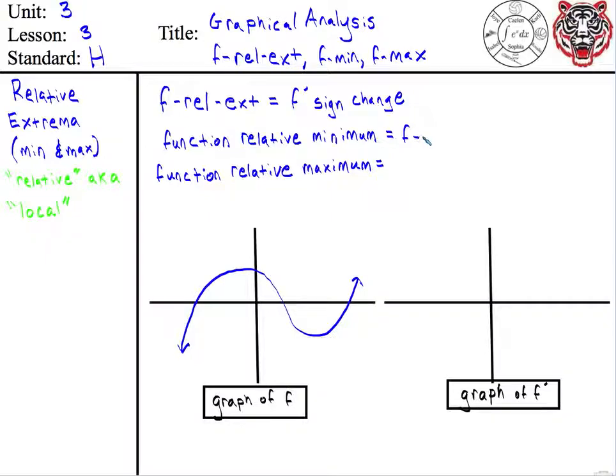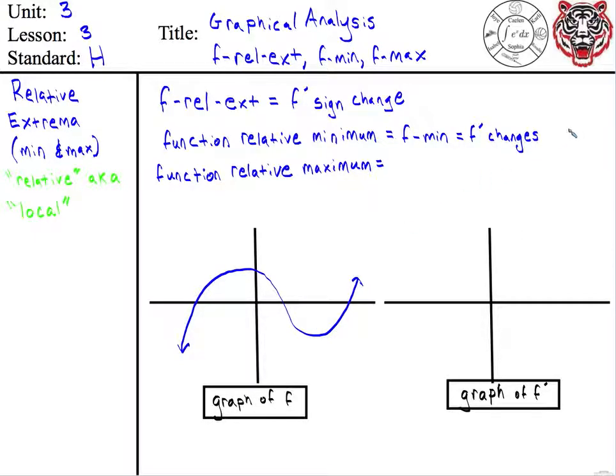This is going to be f min. It has a relative minimum when f prime changes from, is this positive to negative or negative to positive? I just went over this. Oh wait, min to max. I'm talking about a minimum, so look at this minimum down here.